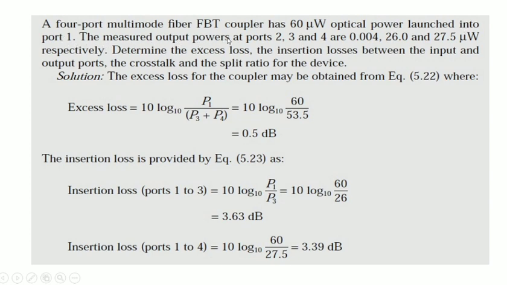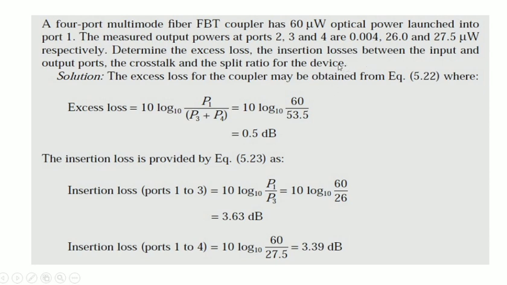The measured output powers at ports 2, 3 and 4 are 0.004, 26.0 and 27.5 microwatt respectively. Determine excess loss, insertion losses between the input and output ports, the crosstalk and the split ratio for the device. So this is the question.